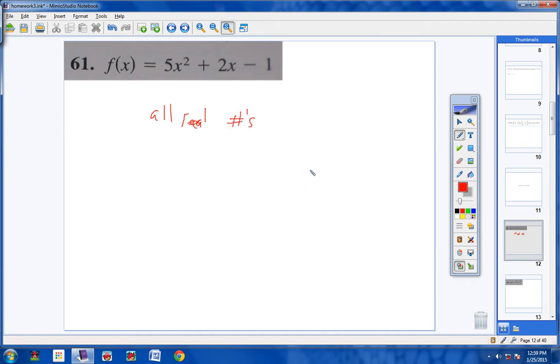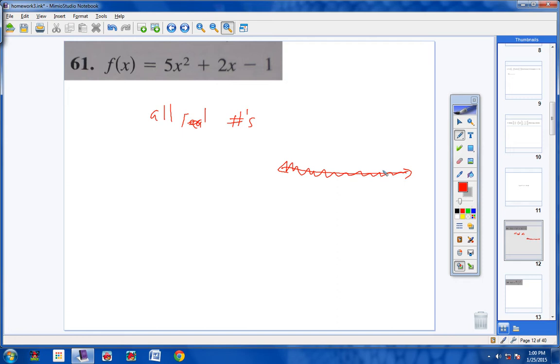Now, if we're going to use inequalities or interval notation, students, what we need to do is get a picture of all real numbers on a number line. To be honest with you guys, it's just everything.